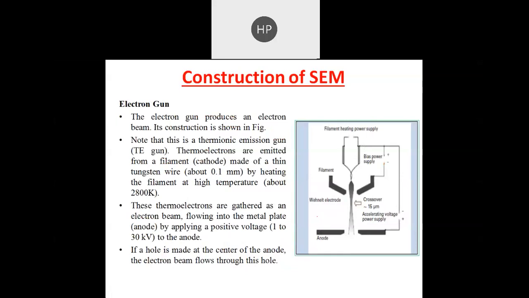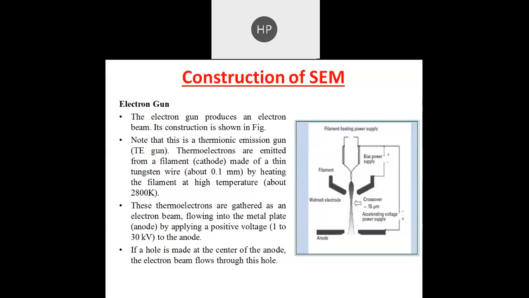Now, the electron gun produces an electron beam. Here you can see this is the electron gun which produces the electron beam. Note that this is a thermionic emission gun, TE gun.